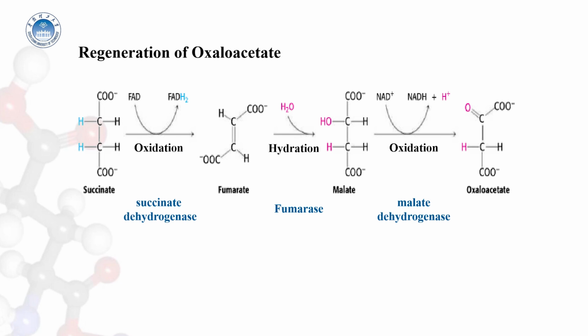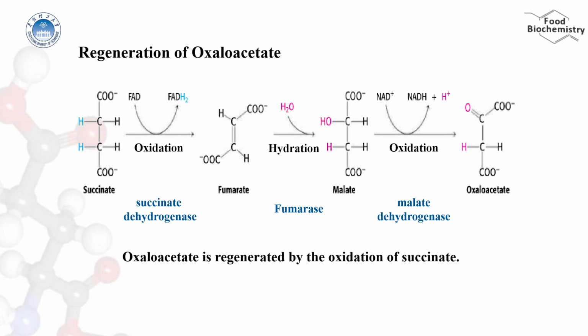A methylene group, CH2, is converted into a carbonyl group, C=O, in three steps. So oxaloacetate is thereby regenerated for another round of the cycle, and more energy is extracted in the form of FADH2 and NADH. Oxaloacetate is regenerated by the oxidation of succinate.